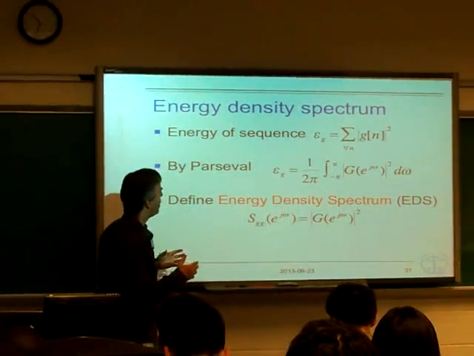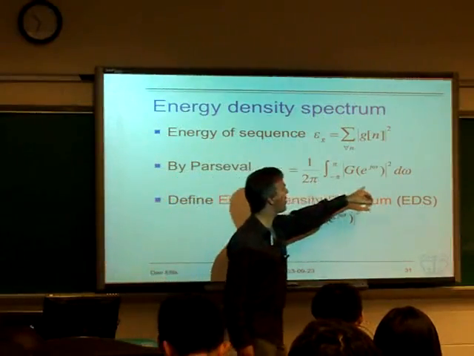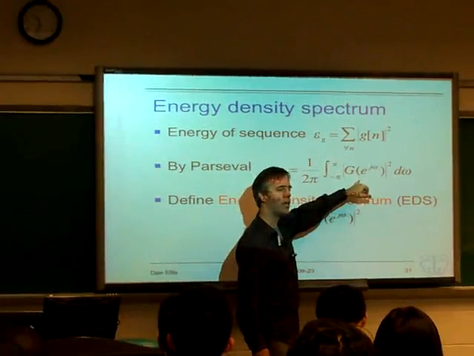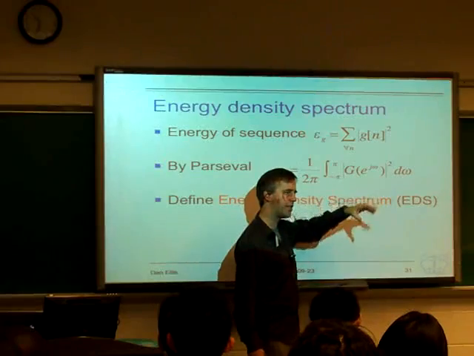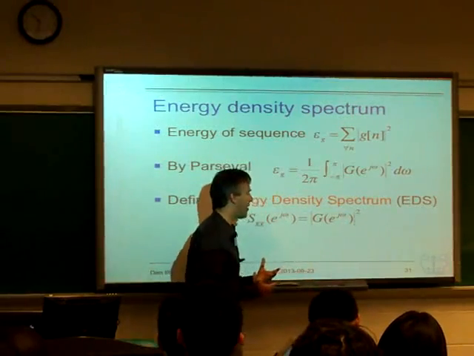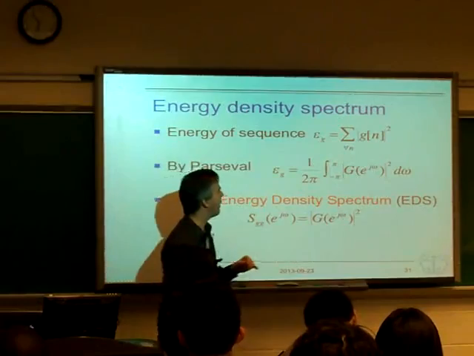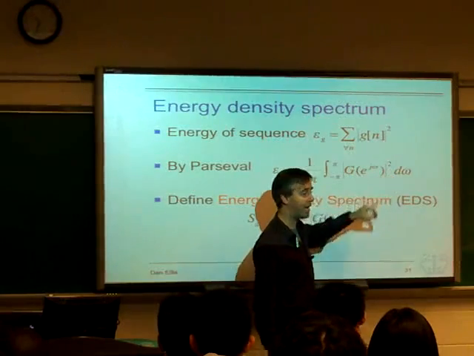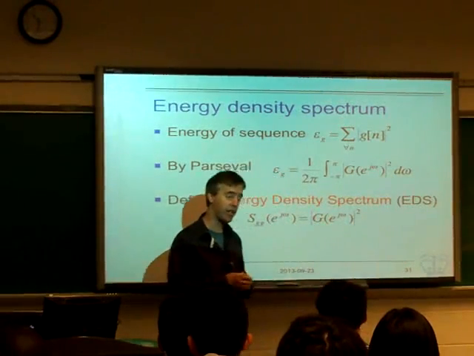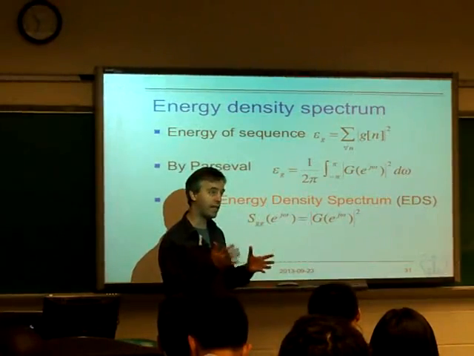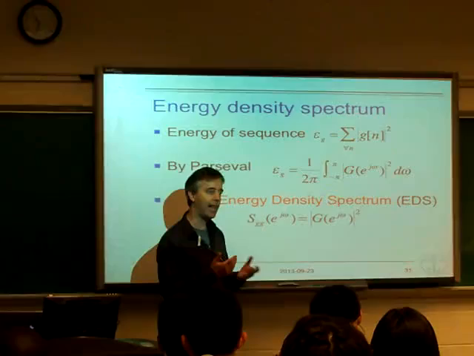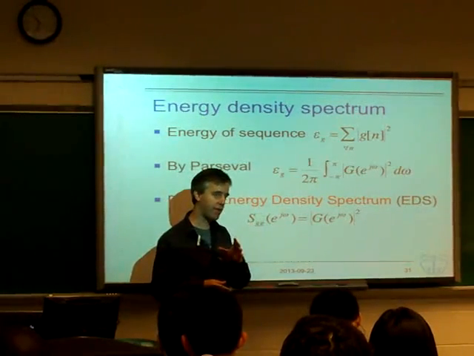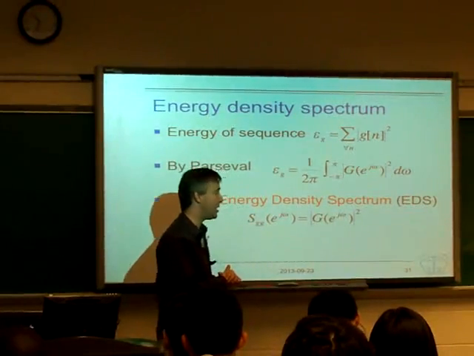So if you integrate the magnitude squared of the DTFT over all frequencies, you get the total energy. It then makes sense to think about the individual values: the magnitude squared of G of e to the j omega for some value of omega is some part of the energy. It's not invalid or dangerous to think about individual pieces of the spectrum having energy, because it sums up to energy.